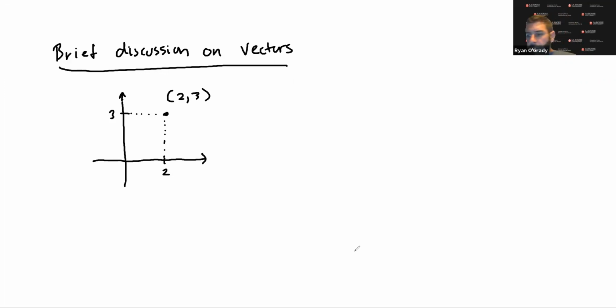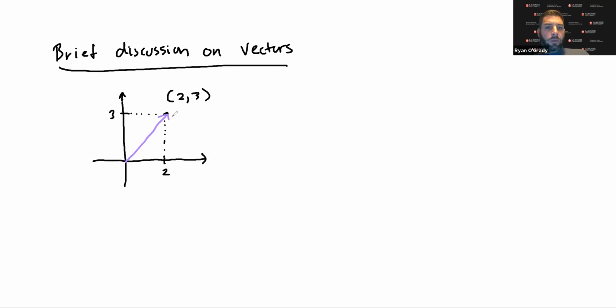Now, what vectors allow us to do is not just give location to things, but also associate magnitude and direction. So another way to think about this point (2, 3) is as the tip of an arrow from the origin.